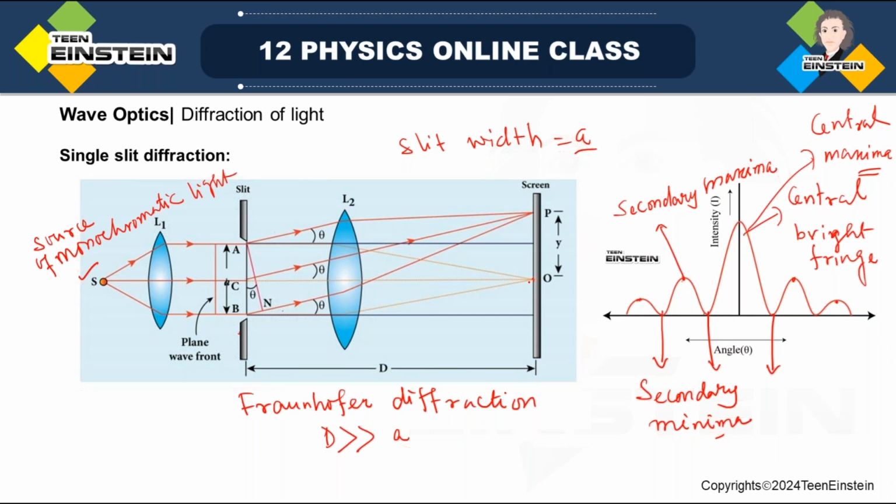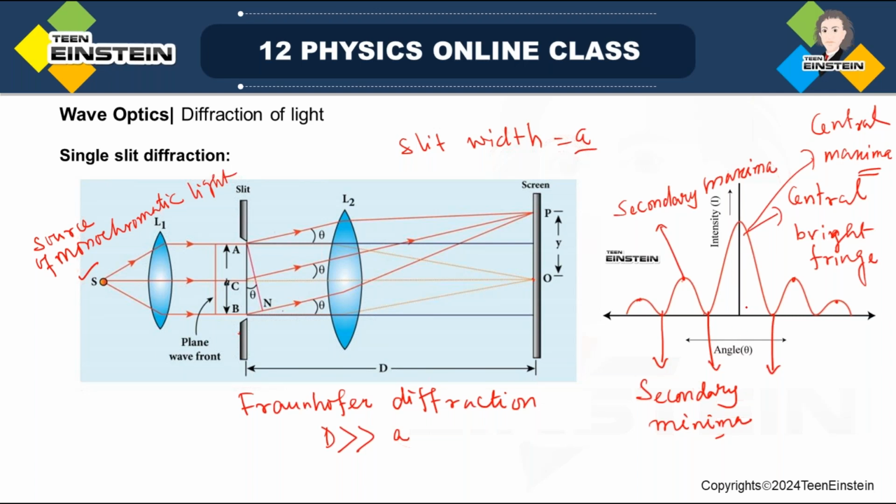All of the wavelets can meet at this position in phase. So that's why it has large intensity, and it is having a broad area also. So this is the broad central region.